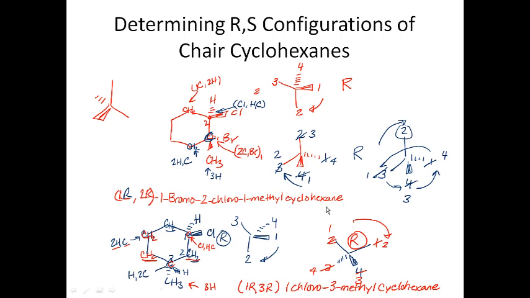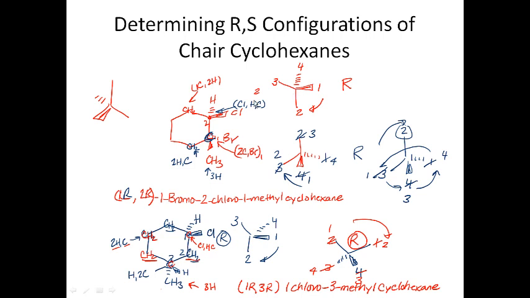Now I just realized that I'm doing cyclohexanes with more than one chiral carbon, but determining the configurations of chiral carbons, if you separate them, it just simply becomes determining the configuration of each individual chiral carbon separately.